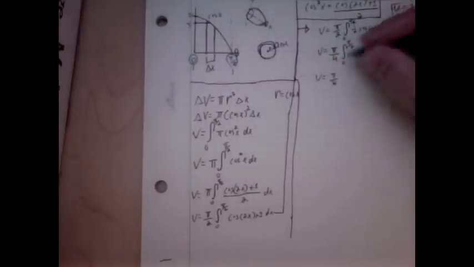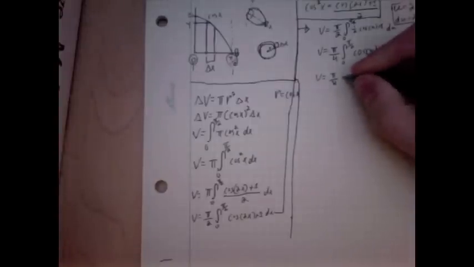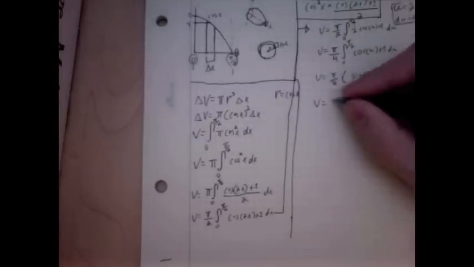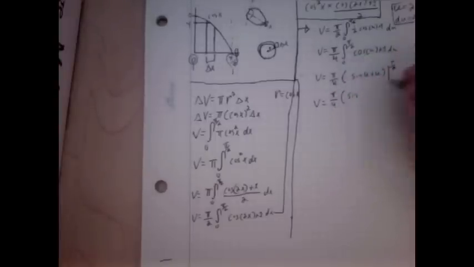The integral of this is just sine u plus u, evaluated from 0 to pi over 2. Plug in for the u again. So that just becomes sine 2x plus 2x, evaluated from 0 to pi over 2.